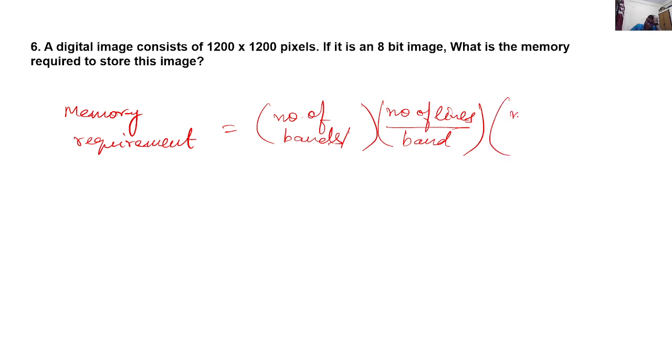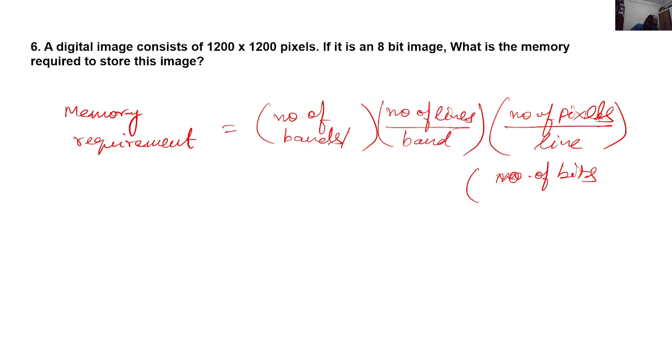Times the number of pixels per line times the number of bits per pixel. So how does it come to be? Let's say there is a 3-band image.